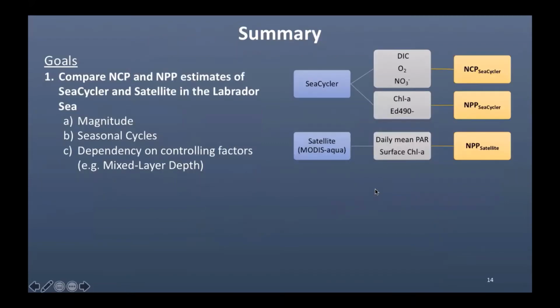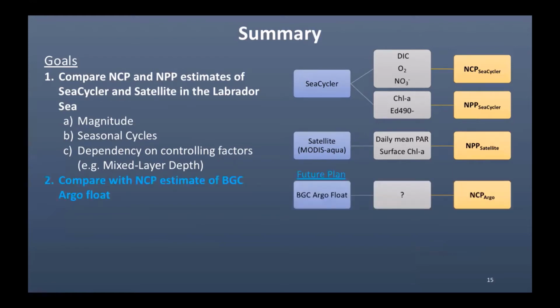So just to recap what I have talked about in this presentation. My project is to compare the net community production and net primary production estimates of the CCycler and the satellites in the Labrador Sea in terms of magnitude, seasonal cycles, and dependency on control factors, especially the mixed layer depth.